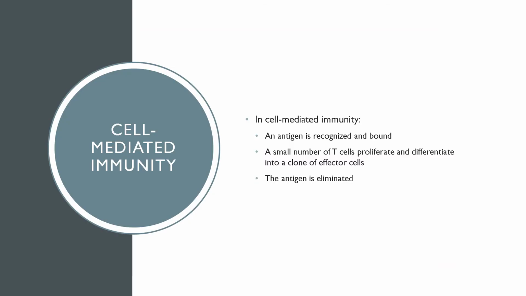A cell-mediated immune response begins with the activation of a small number of T cells by a specific antigen. Now, once a T cell has been activated, it undergoes clonal selection. So activated T cell will then go through clonal selection. Now, clonal selection is a process by which a lymphocyte proliferates and differentiates in response to a specific antigen.